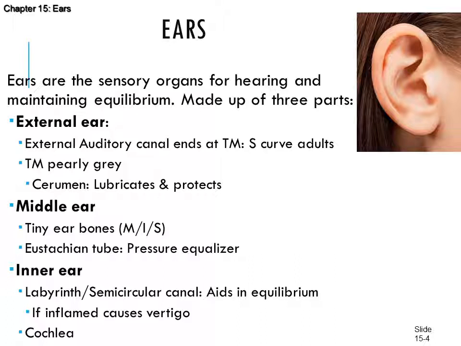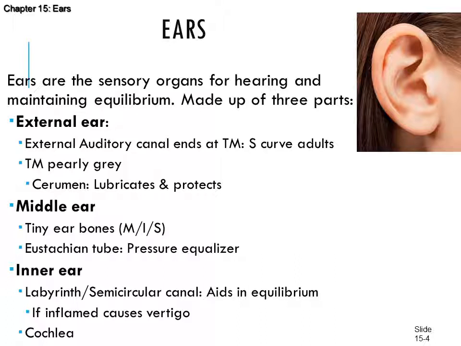And then the ear canal actually has an S curve. So when we look inside the ear, we need to straighten it out. That's why we pull up and back on the adult ear. The middle ear has some bones in it, and this helps us with the conduction of sound.